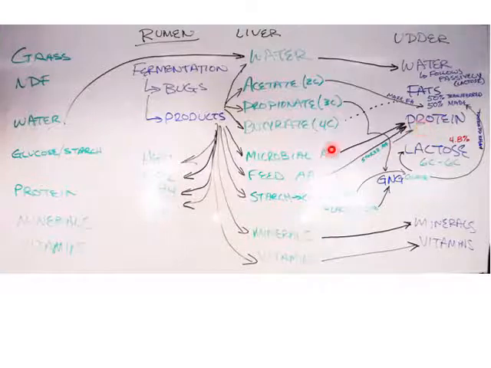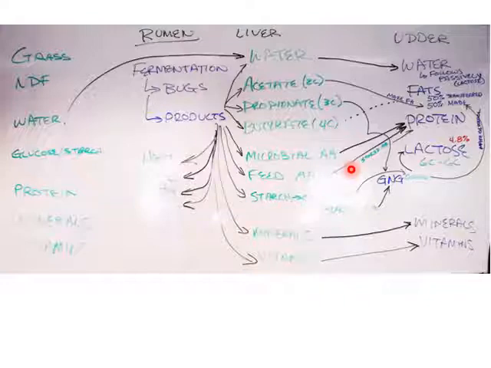Protein, that's going to come from our absorbed amino acids as building blocks. We can have stored amino acids. So if a cow is losing condition, she's going to lose both fat and protein off her back from her muscles. Those stored amino acids might be part of the pool that the udder uses to make protein. We also know the liver can synthesize amino acids.